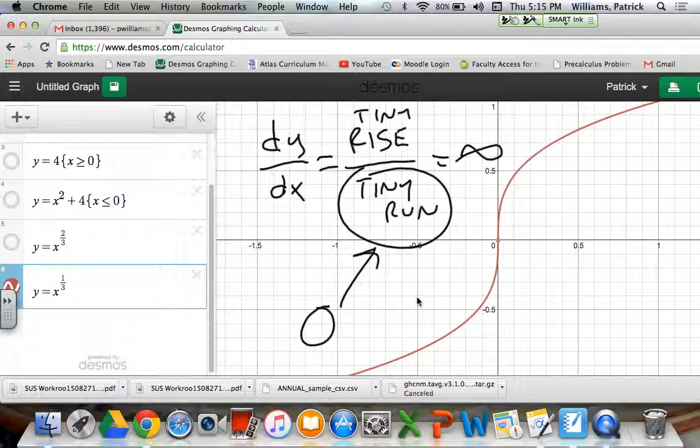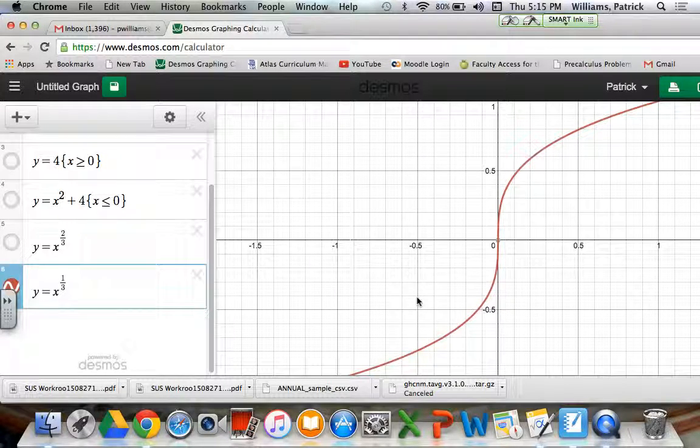We can never have a tangent line slope be infinity. Think about what that implies. If the slope of a line tangent to a curve is infinity, and we were going to graph the derivative at this point, let me erase this right here.